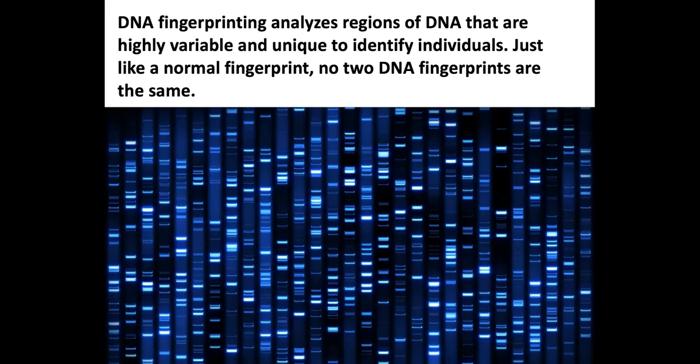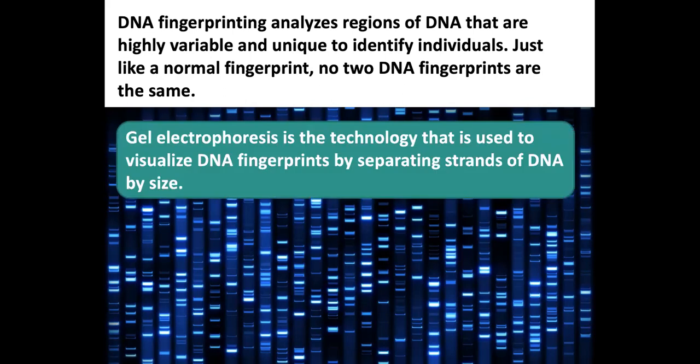Just like a normal fingerprint, there are no two fingerprints that are the same. Gel electrophoresis, which we would do in a lab if we were able to, is a piece of equipment, technology that's used to visualize DNA fingerprints by separating strands of DNA by size.